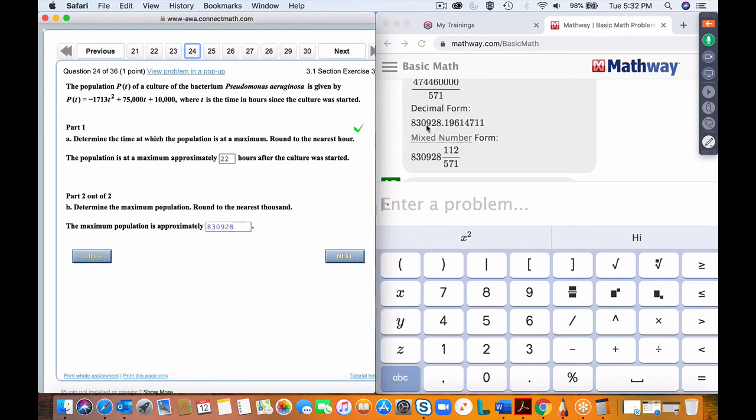The 0 is in the 1,000 place and the 9 is in the 100 place. The next number is 9, which means you have to increase the 0 to 1. So that's why it's 831,000.